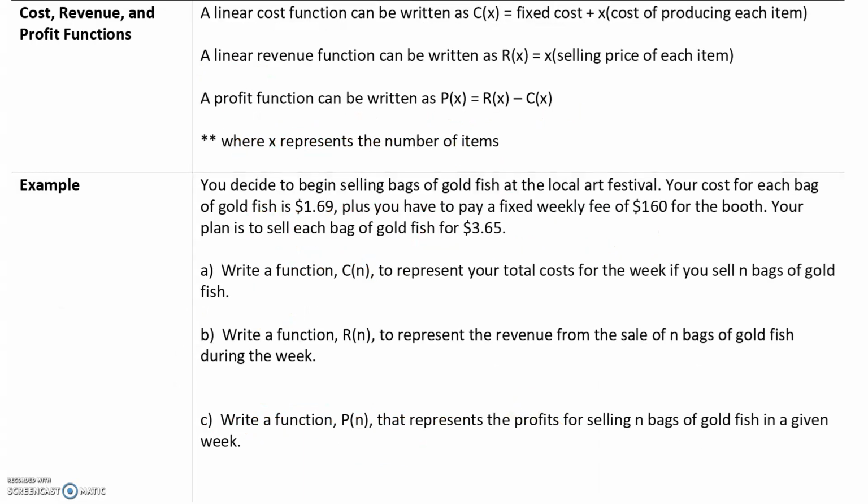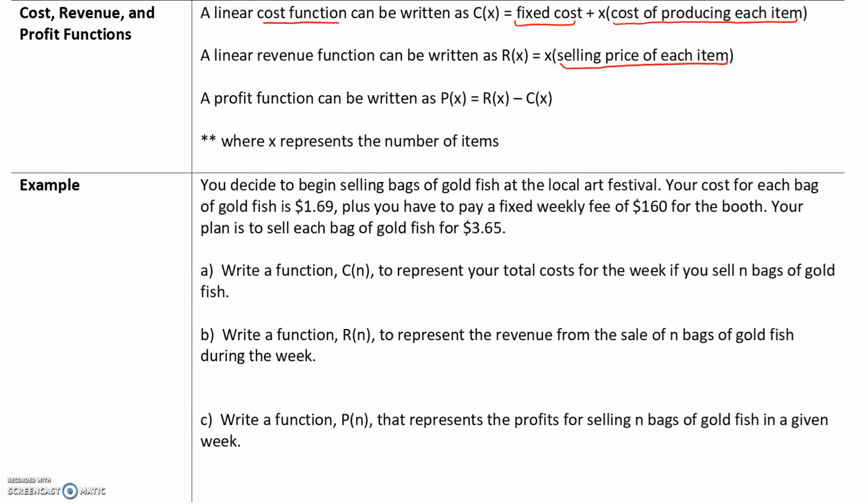Okay, so now let's talk about cost, revenue, and profit functions. A linear cost function is C of x. It's usually the fixed cost plus the quantity produced times the cost of producing each item. The revenue function is the number of items sold, which is x, times the selling price of each item.